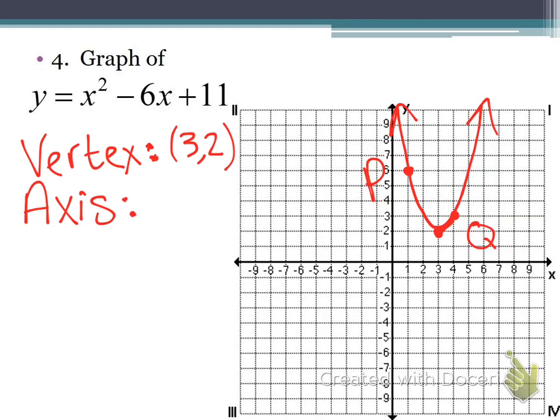What point does it have to go through? 3, 2. It has to go through our vertex. So we are going to put a dotted line vertically through our vertex. But we need the equation of that line. Vertical lines are always x equals, so in this case x is going to equal 3.